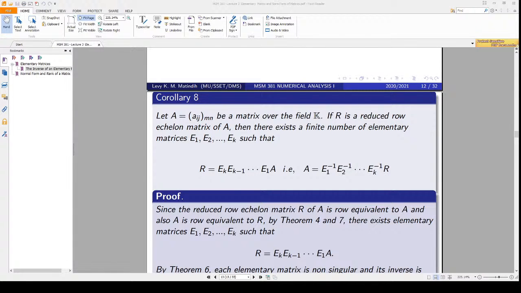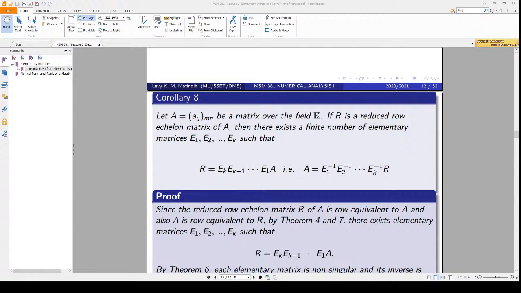If R is the reduced row echelon form of matrix A, then there exists a finite number of elementary matrices E1 up to Ek such that, for you to obtain R, you need to apply a finite sequence of elementary row operations on matrix A.